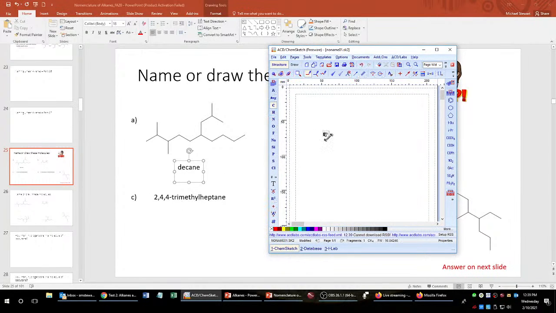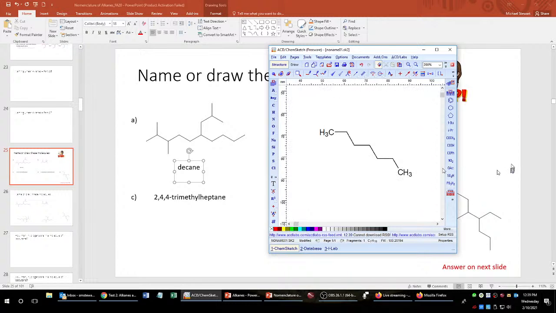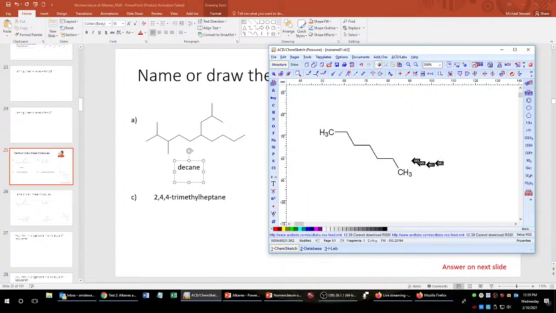So we have 1, 2, 3, 4, 5, 6, 7. That's our heptane. And then we know that there's 3 methyl groups. There's 1 on the second carbon and 2 on the fourth. So that's your 2,4-trimethylheptane.